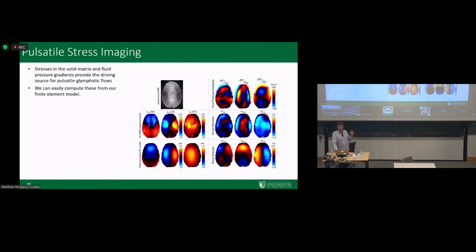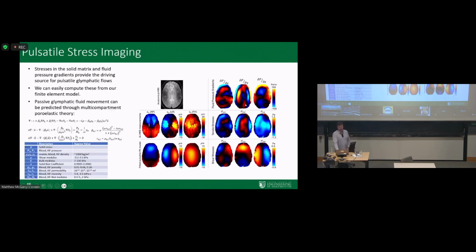And the good thing is, because we've assimilated these displacements into this computational model, we can compute things that we can't directly image. So we can compute these stresses in the solid matrix. So we get these tensile stresses and shear stresses. And then we've also got the pressure gradients of blood. And these interact through the equations of multi-compartment poroelasticity.